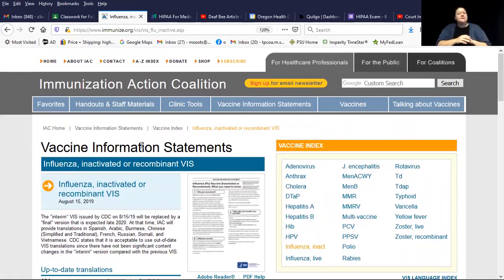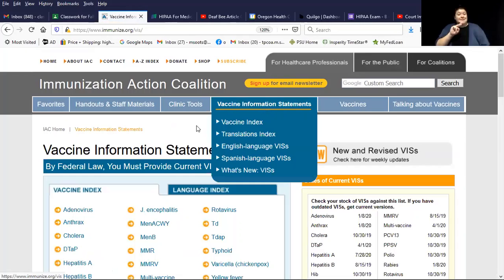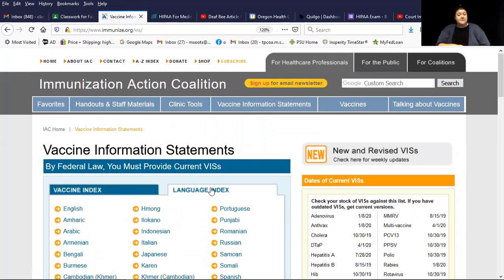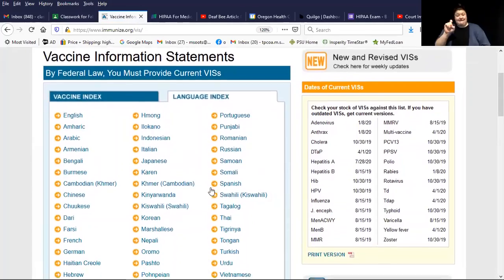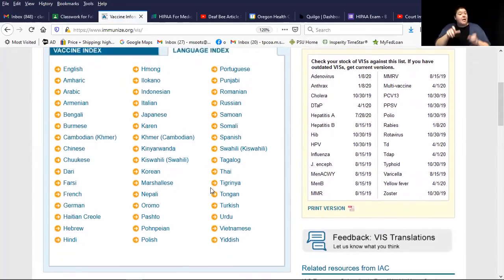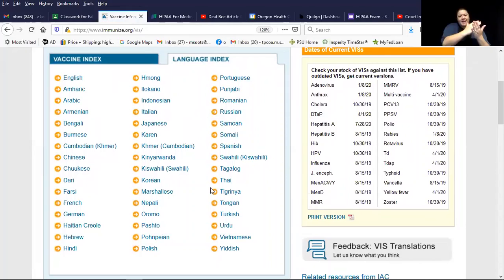The other thing that you can look at is that you can go to the second tab, which has the language index. The language index allows you to look up by language what sheets are available in that language.